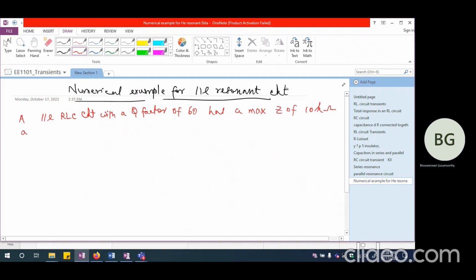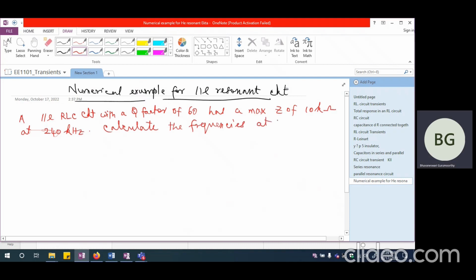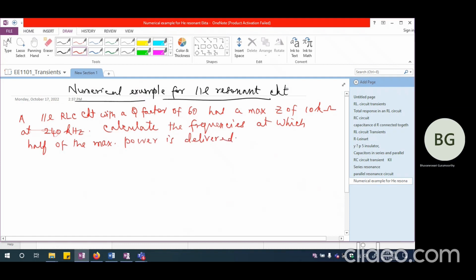at 240 kilohertz. Calculate the frequencies at which half of the maximum power is delivered to the resistance.